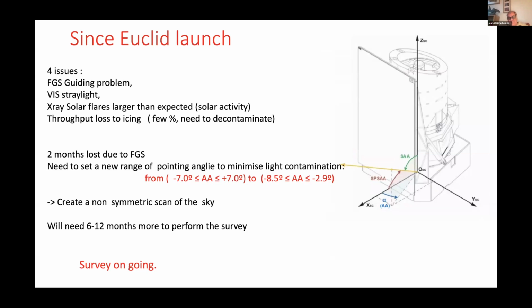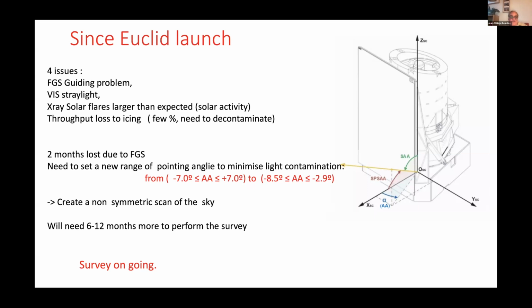Normally what you do is keep the Sun at 90 degrees from your telescope, so basically you are in the shade. And there was an operating angle going from -7 degrees to +7 degrees, so your telescope was able to move by -7 to +7 and then observe along a circle.